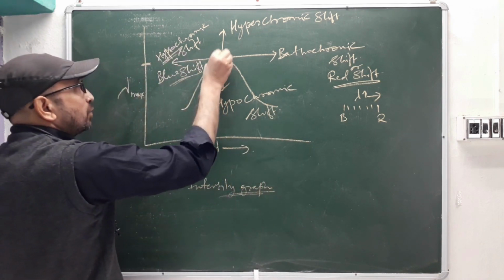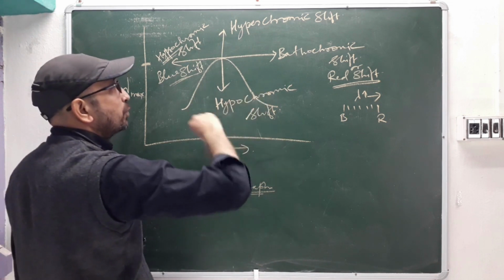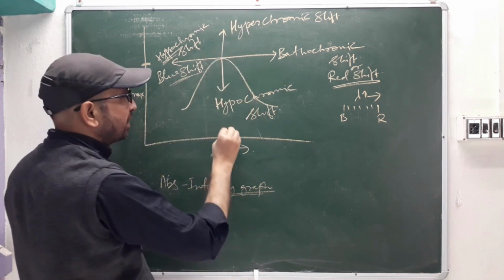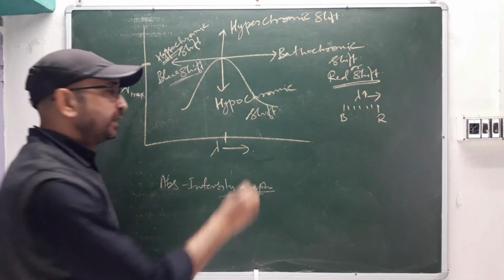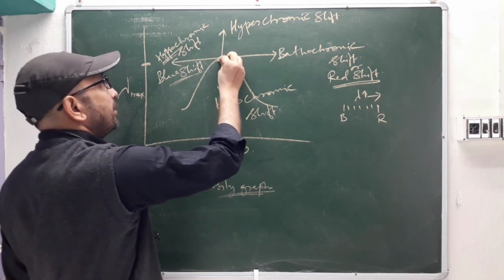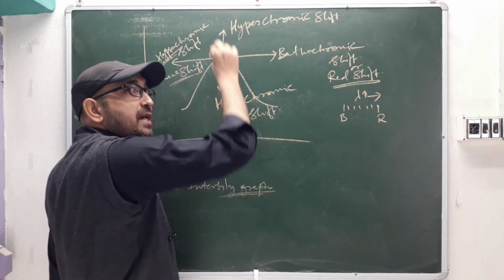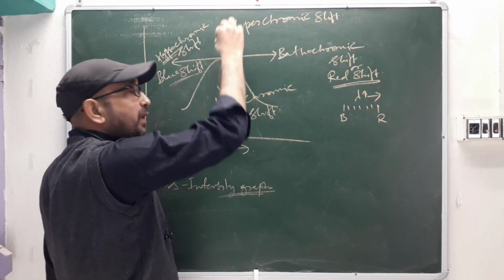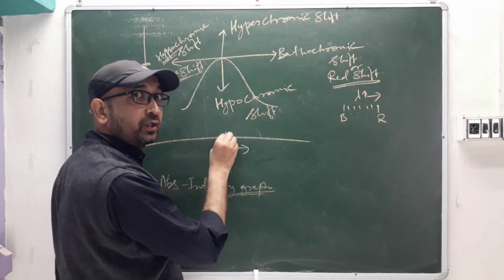For this type of shift, whether hypochromic or hyperchromic, your wavelength is not changing. At the same wavelength, just your intensity is decreasing or increasing. So hypochromic and hyperchromic, but your wavelength is constant. Always remember this, your wavelength will be constant.